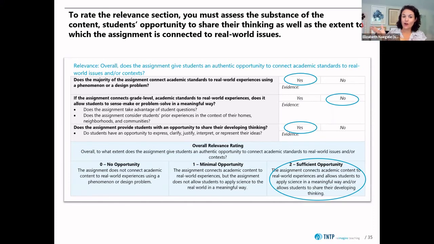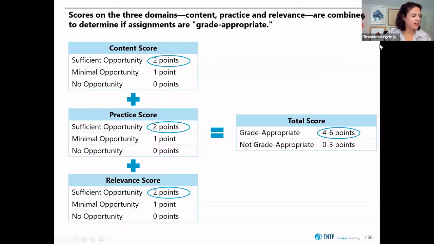And then for a 2, you need to either connect in a meaningful way to students' experiences or share their developing thinking. So this still actually earned a 2. Overall, strong assignment. I wanted to ground us in a really strong one to start before we begin to think about what you would do if you didn't see something that looked this strong in the classrooms that you're working in.